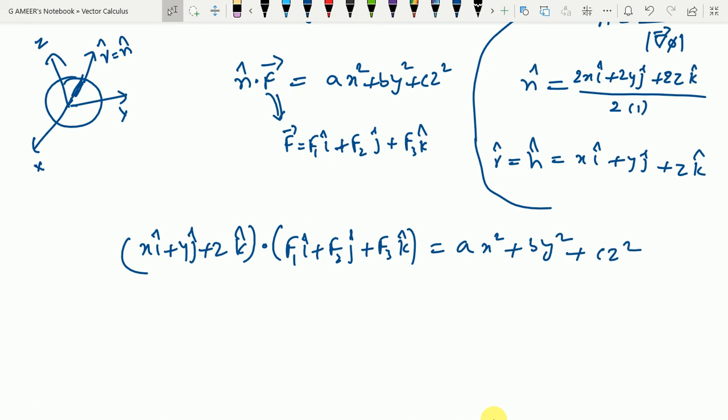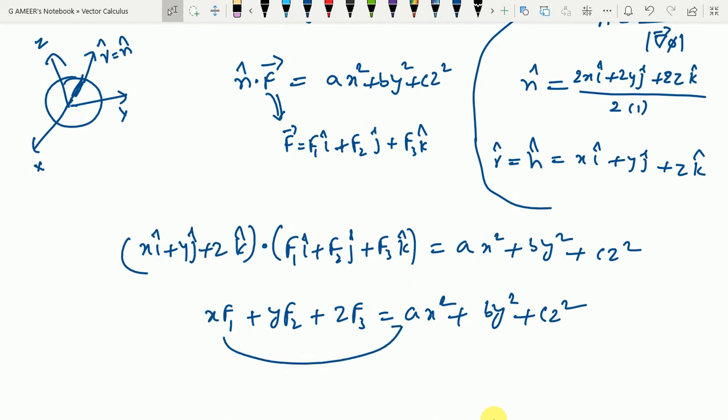So x into f1 plus y into f2 plus z into f3 is equal to ax square plus by square plus cz square. This is true if and only if the components are equal.